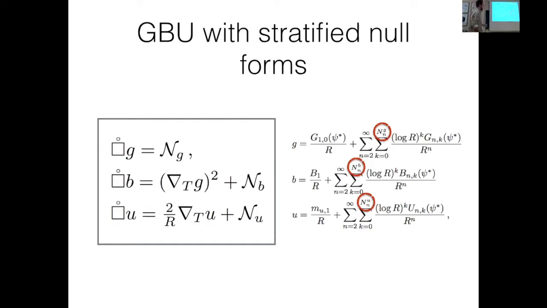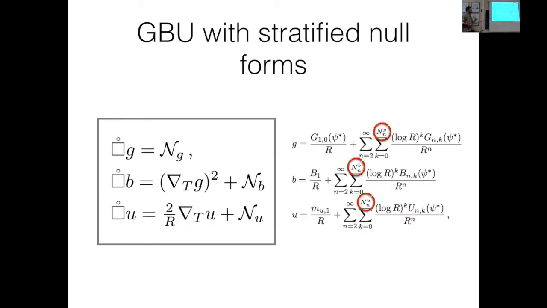So yeah, basically that's the next step that we need to do. Since we already know the character of each of the metric fields in this particular setting, then we know how they behave close to null infinity, and we can plug that polyhomogeneous expansion straight into the Einstein field equations and see what we get.